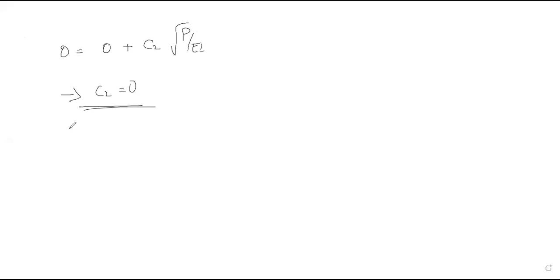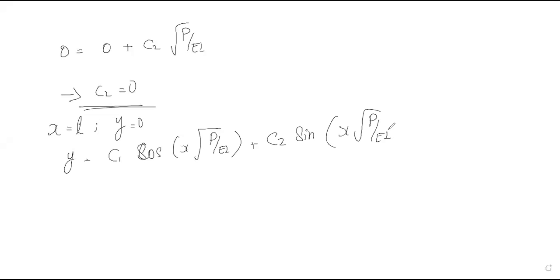Okay. Similarly, if I am going to substitute x is equal to L, then y is equal to 0. So y is equal to C1 cos x root under P by EI plus C2 sin x into root under P by EI plus m naught by P. The equation is available, so here we are going to substitute.